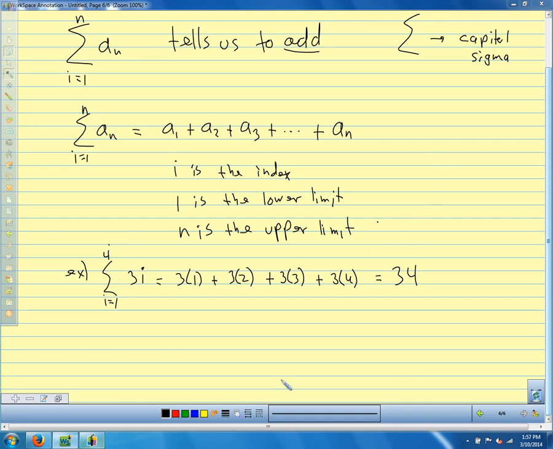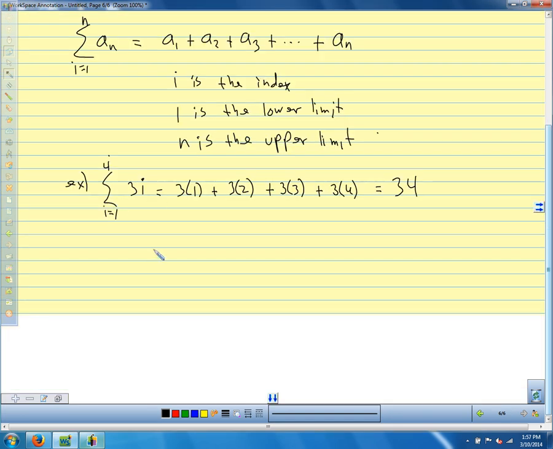A couple of properties of summation. Nothing really complicated, nothing really earth-shattering here. Because we're adding, if we have each term multiplied by a constant, we can factor out that constant.